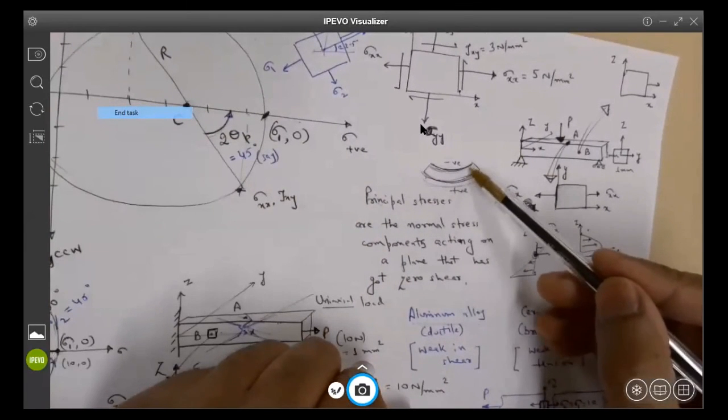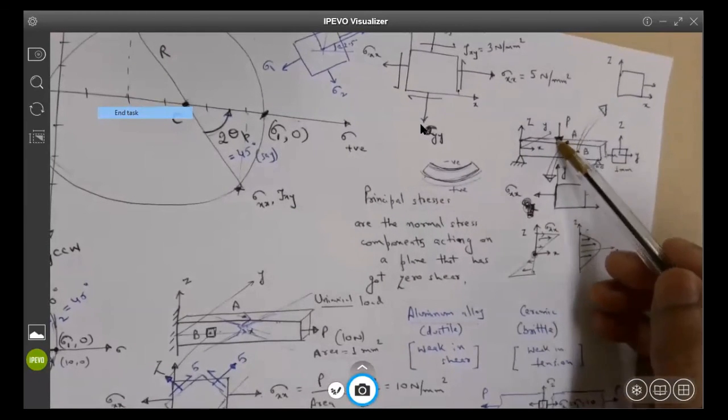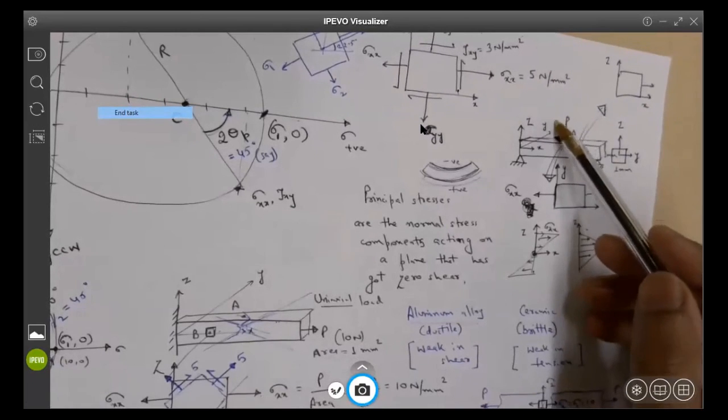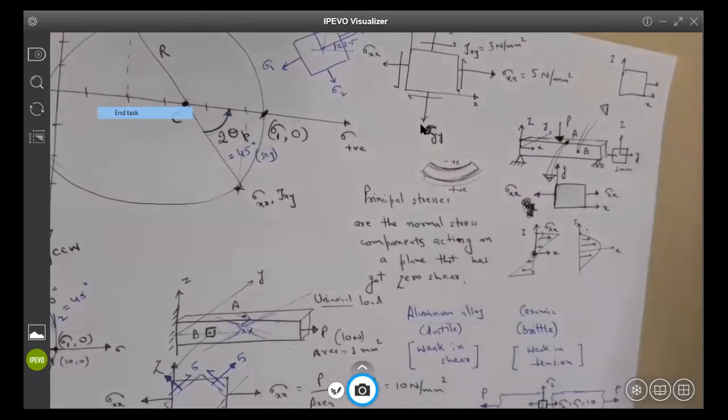It could not be in the Z direction. Even if the load is acting from the top, you don't have to worry about the load. You have to worry about how the deformation is happening. That's what I mentioned briefly in the lab as well, that all finite element simulations tend to care about the deflection, the deformation, and that will tell you how the stresses are coming.